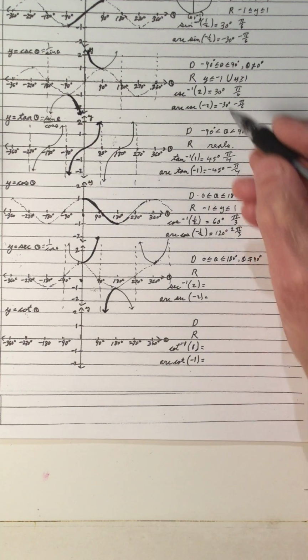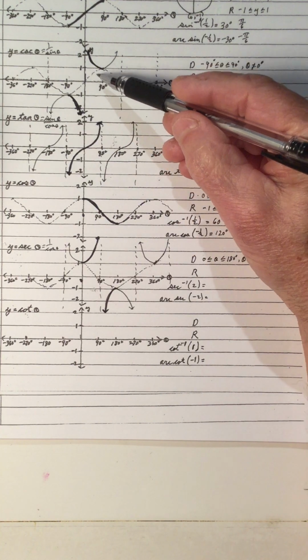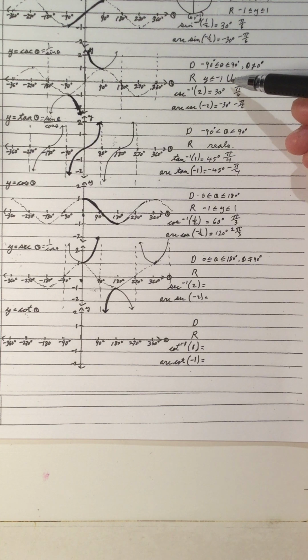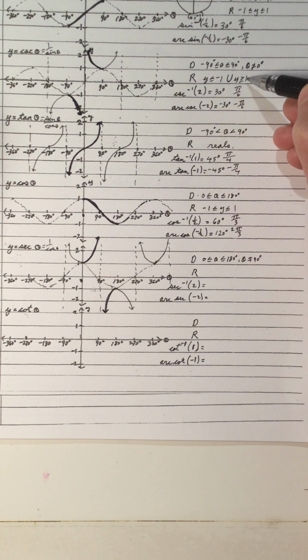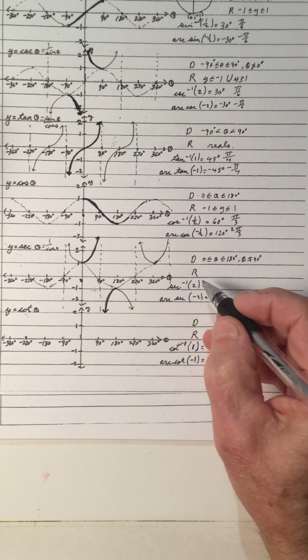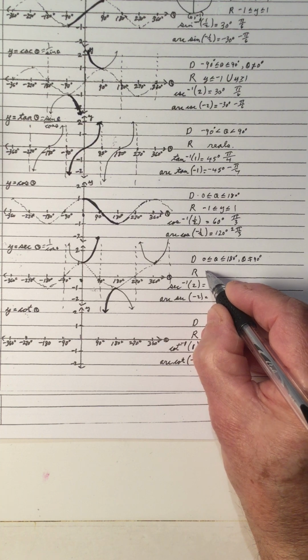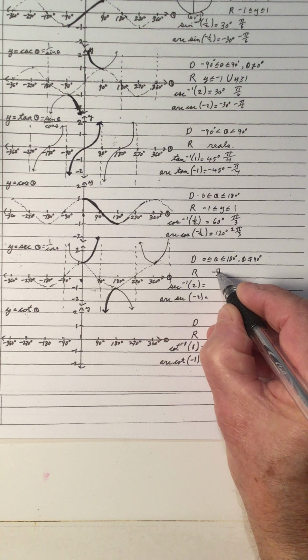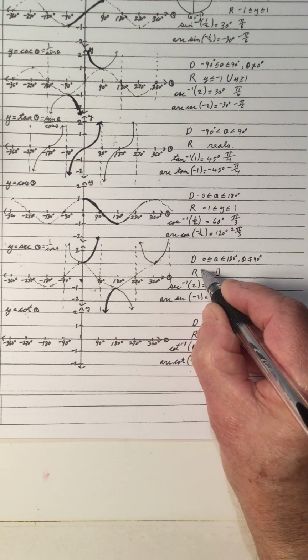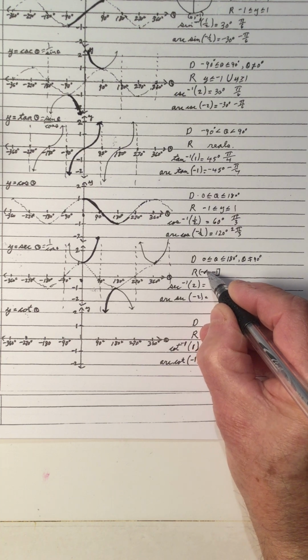The range for secant is what I'm going to put in interval notation, starting at negative 1 going to negative infinity.